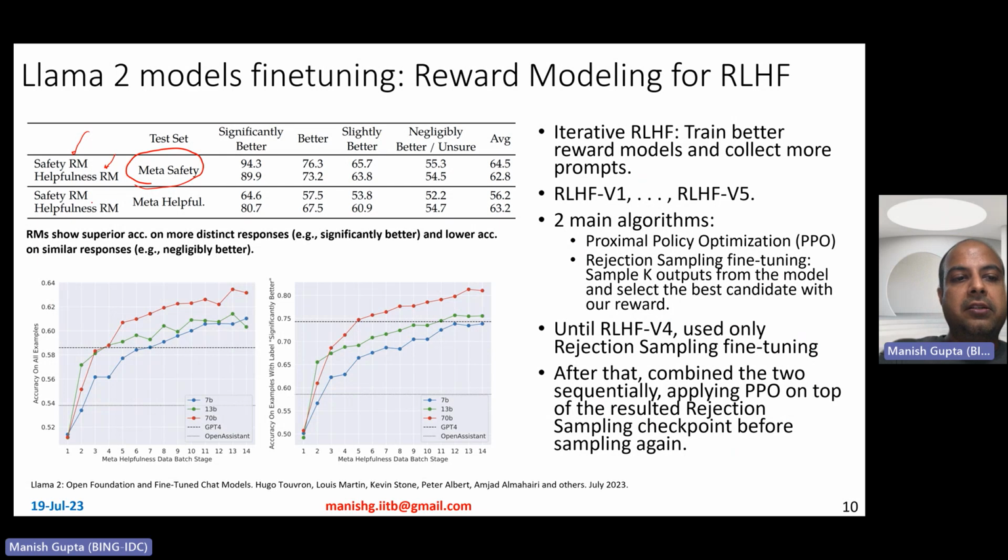You can also evaluate the other way around. So both the reward models can be evaluated on the Meta Helpful test set also, right? What they found is that clearly the safety reward model performs significantly better on the Meta Safety test set, and the helpfulness reward model performs better on the Meta Helpfulness test set.